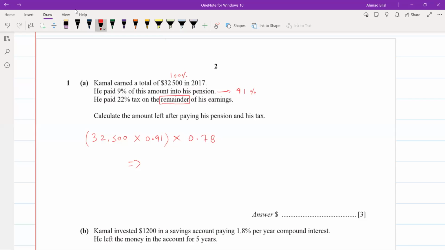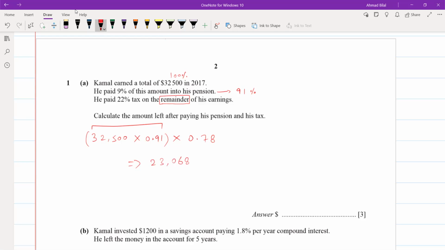So what did we do first? We took 0.91, reduced by 9%, and that gives us some result. This result we reduced by 22% more, so multiplied by 0.78 more. Just evaluate this: 32,500 into 0.91 into 0.78. And that gives us 23,068.